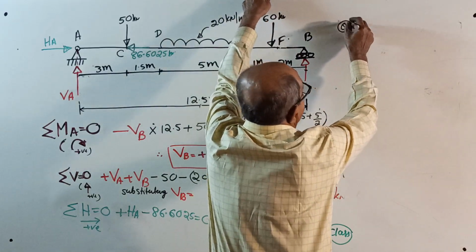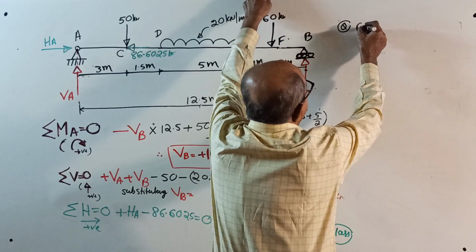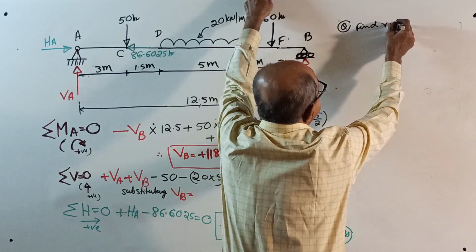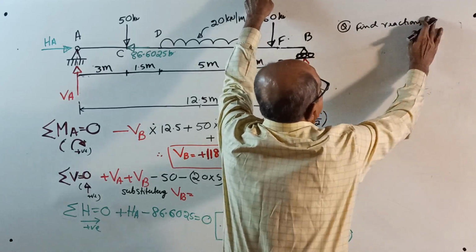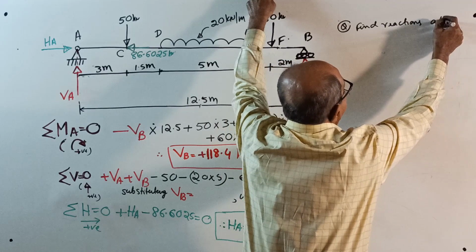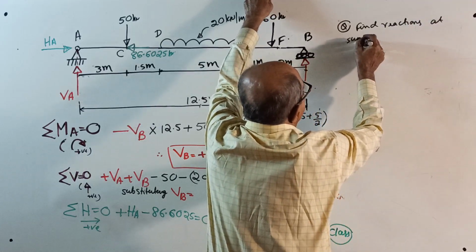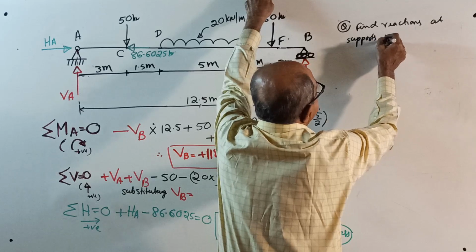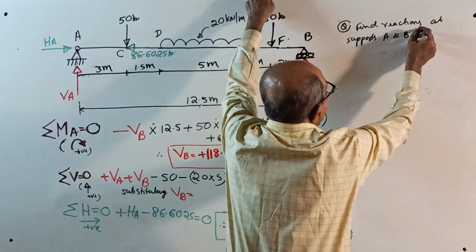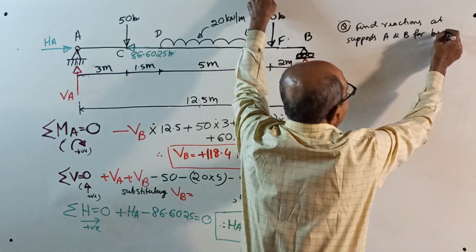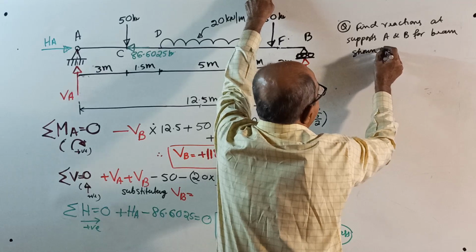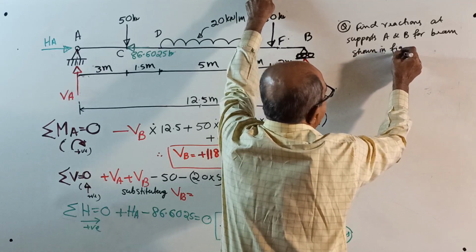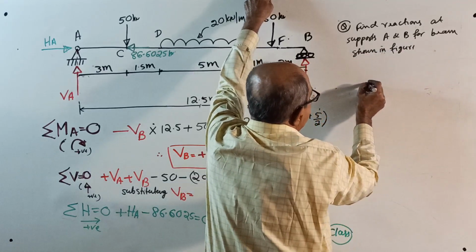Question is: find reactions at supports A and B for the beam shown in the figure below.